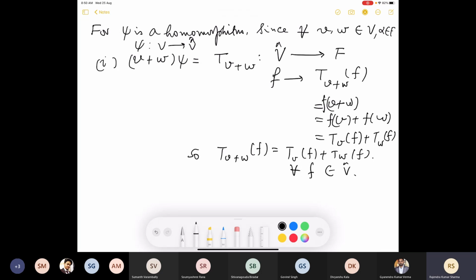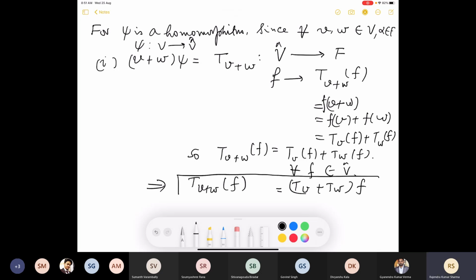So what we have proved is that T_(v+w) of f is T_v plus T_w under f, and this is for every f in V hat.